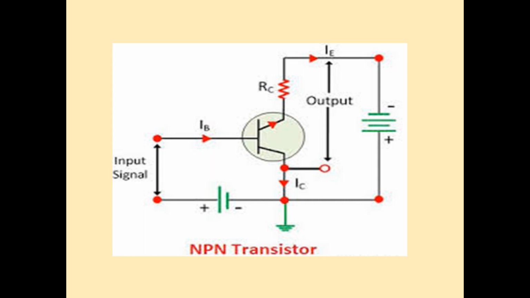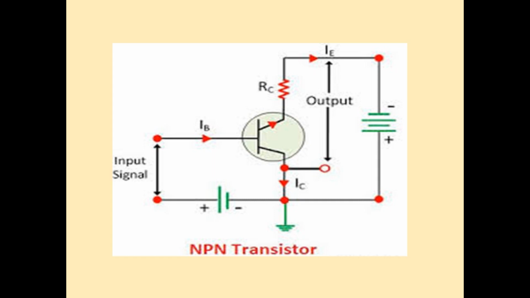So in CC configuration, collector is common to both input and output, so collector is grounded. Here the input is measured across base and collector.